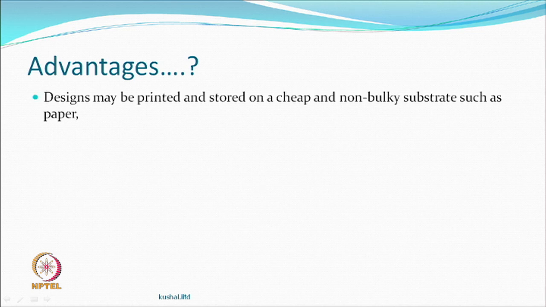So, some common sense advantages that we can talk about. Designs may be printed and stored on a cheap and non-bulky substrate. The bulk of a paper is very less, the thickness of a paper is very small.